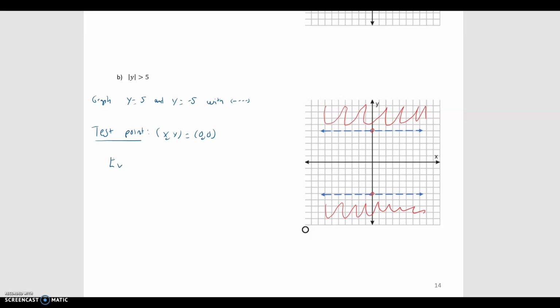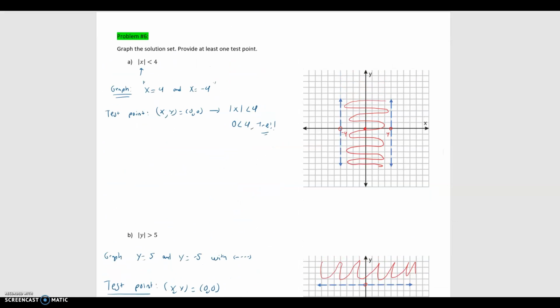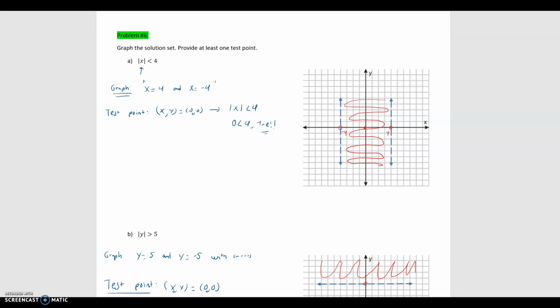As we evaluate 0, 0 into absolute value of y is greater than 5, you're going to have that 0 is greater than 5, which is technically false. So this means that selecting a coordinate point in the origin or in the middle of the lines is false. Any point above it would give us a true statement, and any point below it will give us a true statement. I am putting the coordinate point because they want at least one.